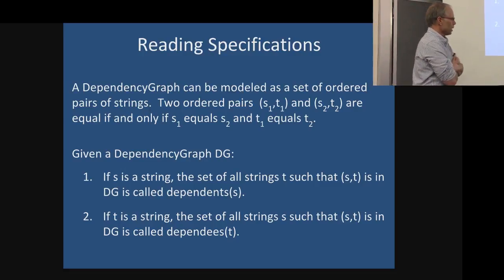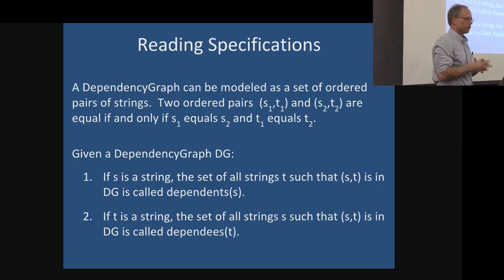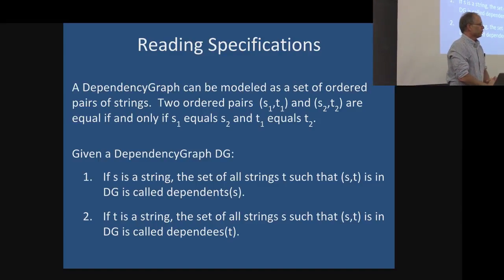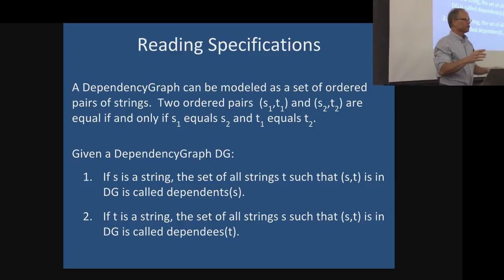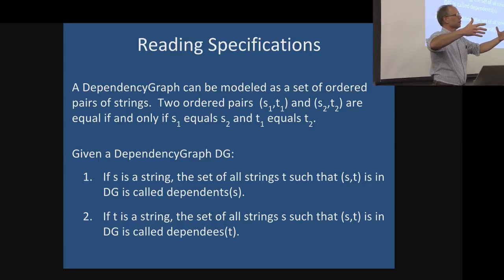And when you read a specification for a new type of data, such as a dependency graph, you've got to understand, first and foremost, what is the abstraction? You have to explain how people that use this class are supposed to think about it.